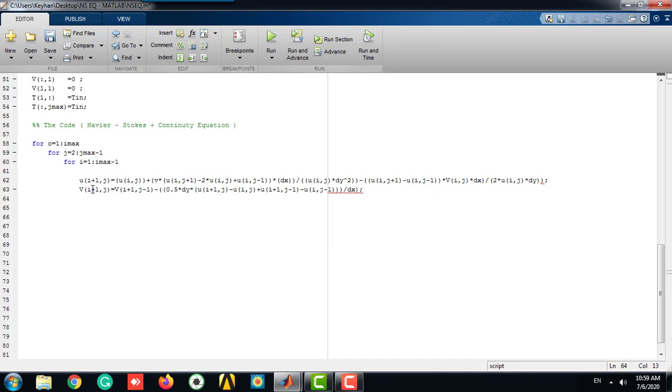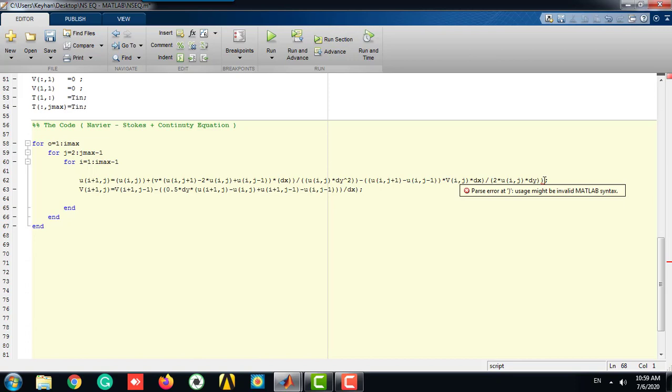So this is the whole Navier-Stokes and continuity equation that we try to solve coupled and together, since they are both related to each other, and we need to solve them in each iteration.